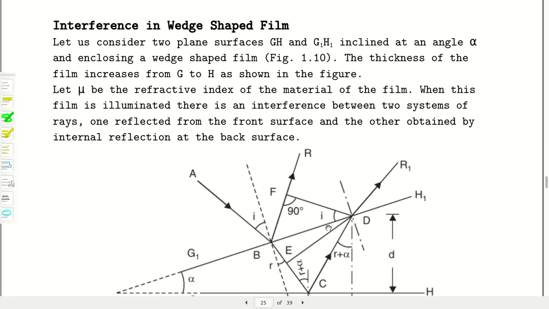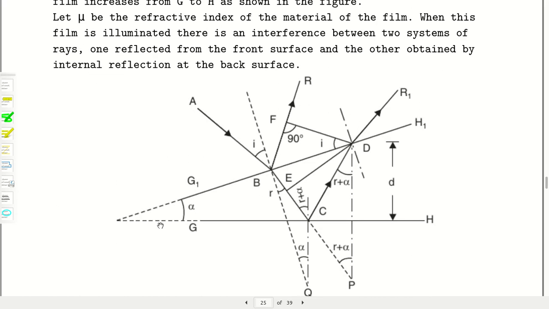Now let us put our hand into a very general calculation, the wedge shaped film, where the top surface and the bottom surface are not parallel to each other, making an angle alpha to each other, and the geometry is more complicated than the previous case. Let us first understand the geometry of the interfering waves.